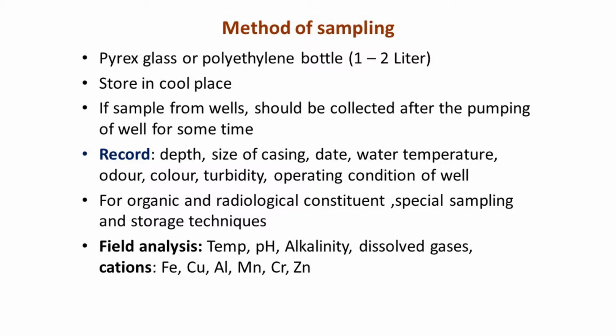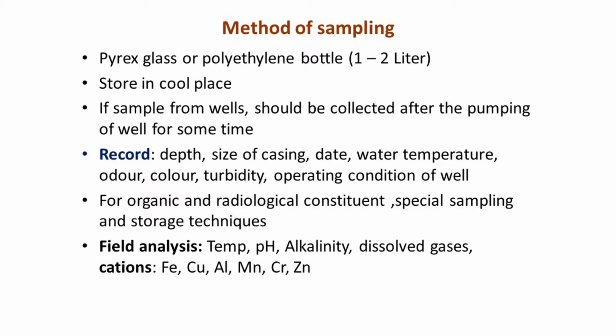Normally, for the analysis of water quality, we need a bottle of 1 to 2 liters, because for analyzing the various parameters we need 1 to 2 liters of water sample. After collecting the water sample from the field, it is stored in a cool place. If samples are taken from wells, they should be collected after pumping the well for some time.